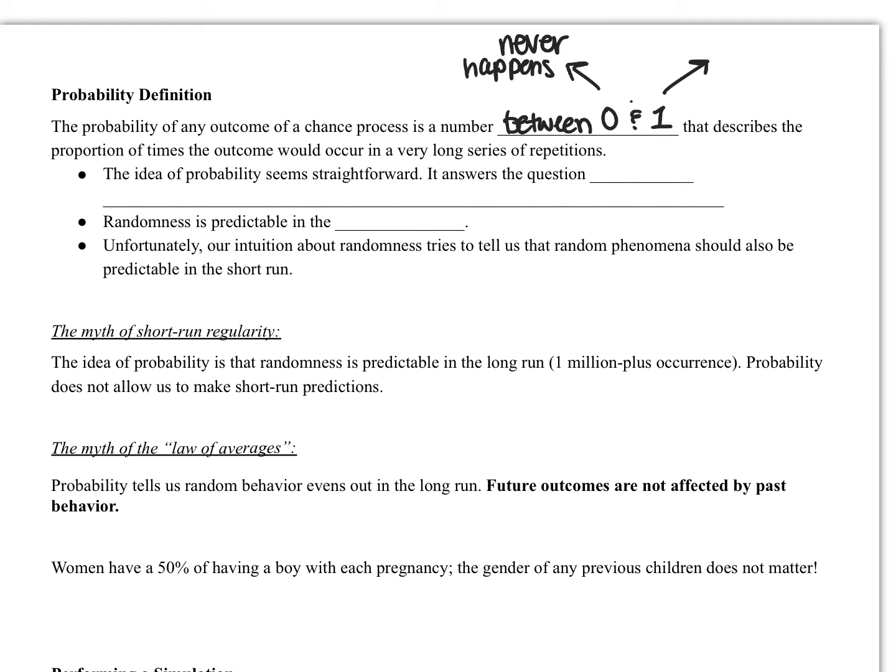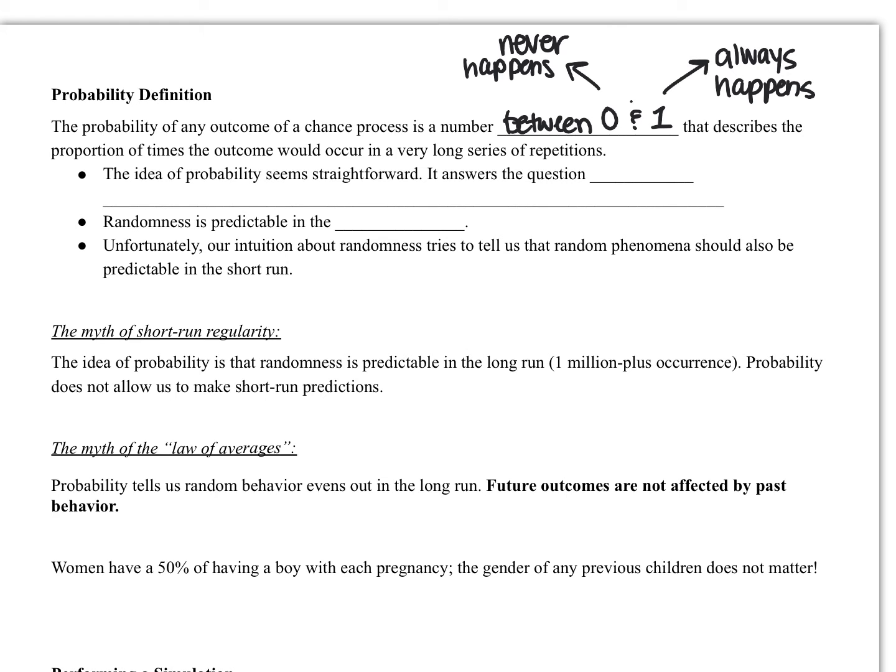Okay. A probability of 1 means it always happens. It's very rare to get a probability of 1 unless your sample space is like one thing and so it always happens. And a probability of 0 can happen if it's not in your sample space.